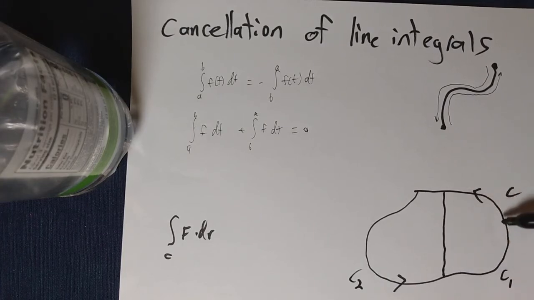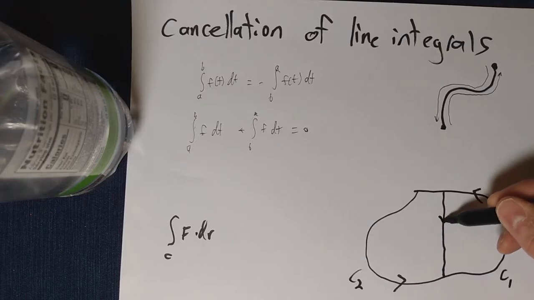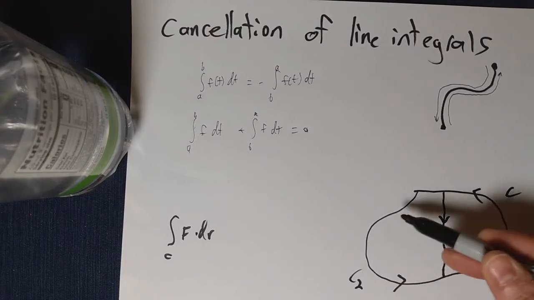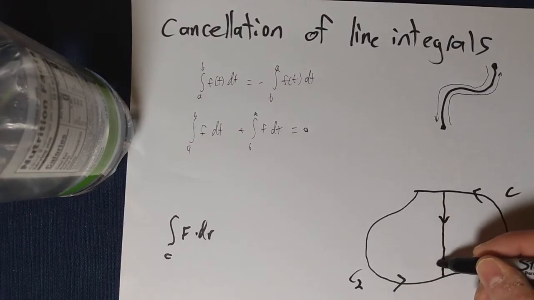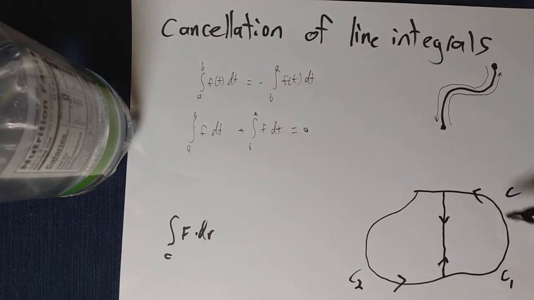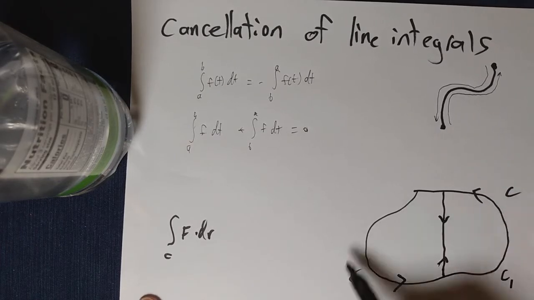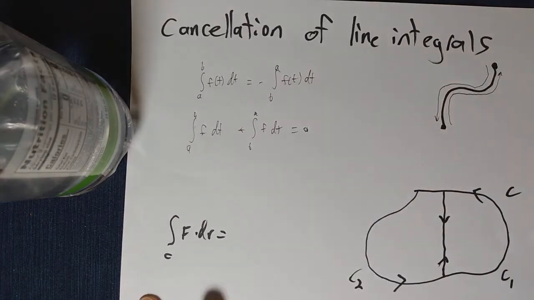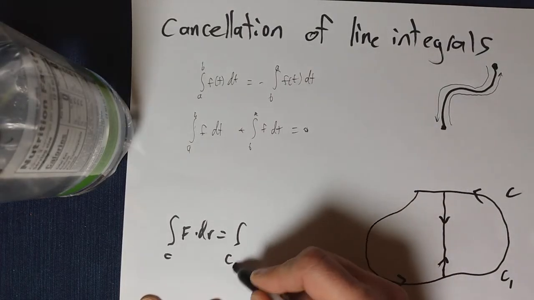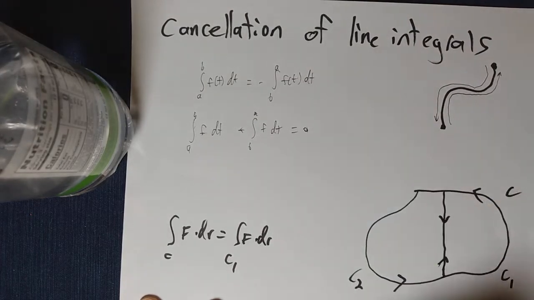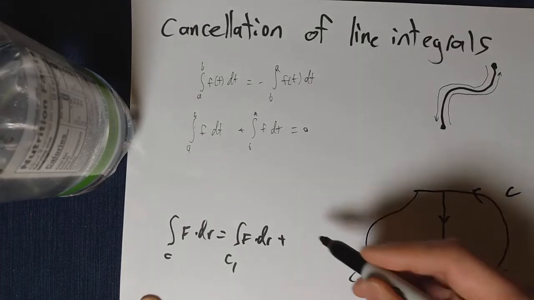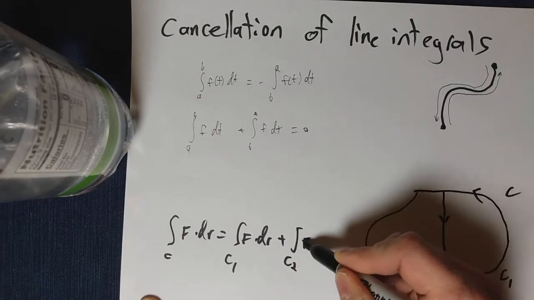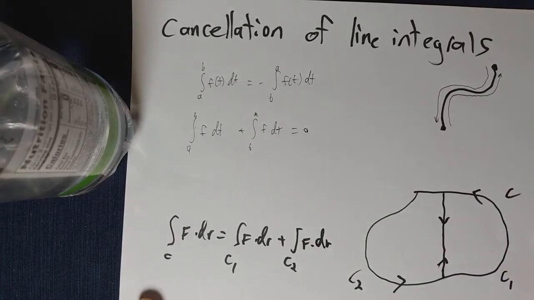Now, in order to keep it with positive orientation, C1 has to have this orientation, and C2 has to have this orientation, so that the integral over the whole thing is equal to the integral around C1, f dot dr, plus the integral around C2 of the vector field.